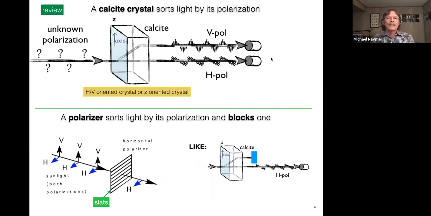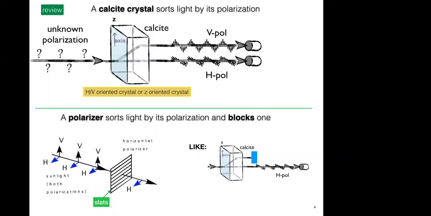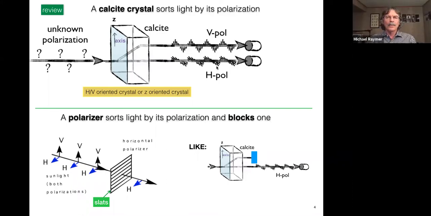Recall that a calcite crystal sorts light by its polarization. So if we have some light here of an unknown polarization, could be a mixture of different polarizations, and the light passes through a calcite crystal, it gets split up into 2 separate beams, one corresponding to vertical polarization and one horizontal polarization. That's because of the way the calcite crystal is oriented.